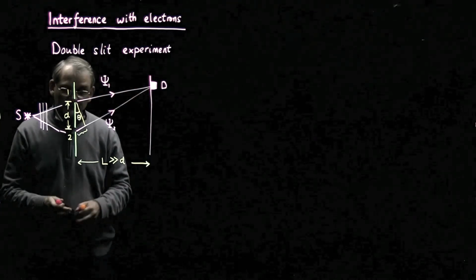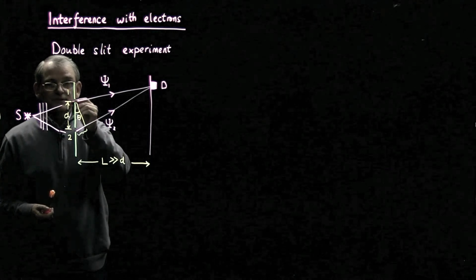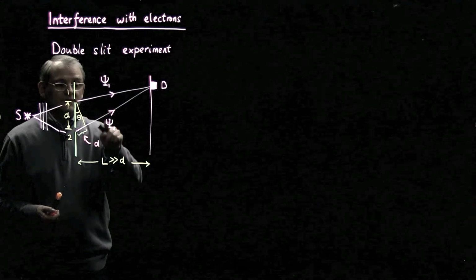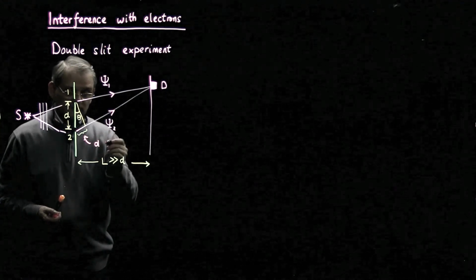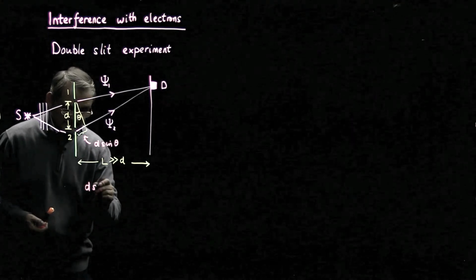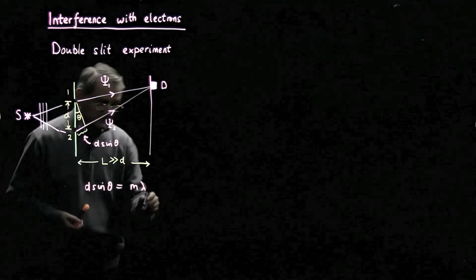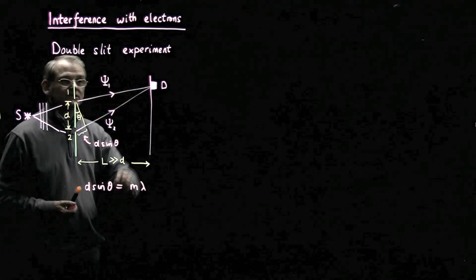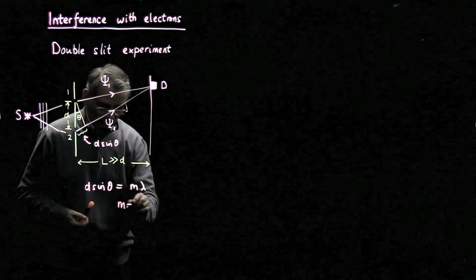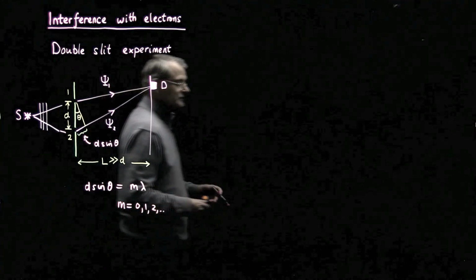We've seen in the first of these three videos that if d is the distance between the slits, then the path difference between ray 1 and ray 2, or wave function 1 and wave function 2, is d sine theta. And d sine theta is equal to a whole number of wavelengths. If it is equal to a whole number of wavelengths, the waves arrive in phase and you get a maximum, d sine theta equals m lambda, where m is an integer. So that's what we did in the first of the three videos.